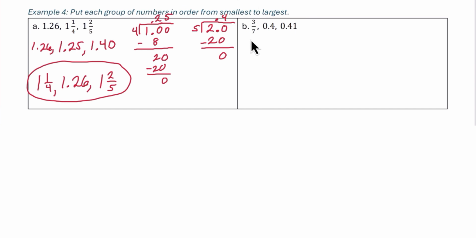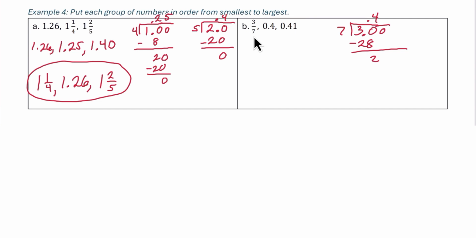Over in this example, we already have decimals here. We need to rewrite 3/7. 3 divided by 7. We'll add a decimal point. 7 goes into 30 4 times. 4 times 7 is 28. Subtract and we get a 2.